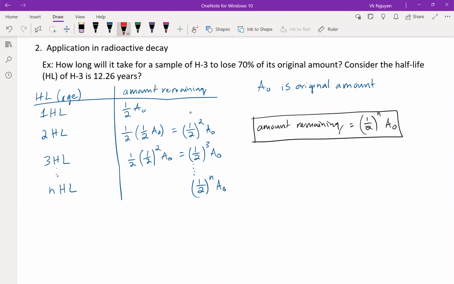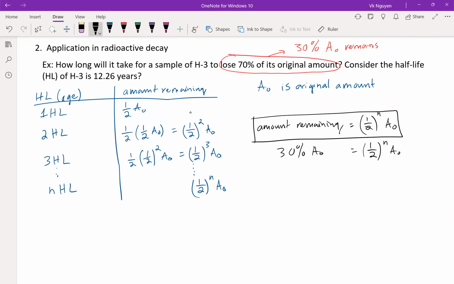Look at the problem. Lose 70% of its original amount. That means 30% of the original amount remains. So the amount remaining, 30% of the original amount, equals 1/2 to the power n A sub 0.